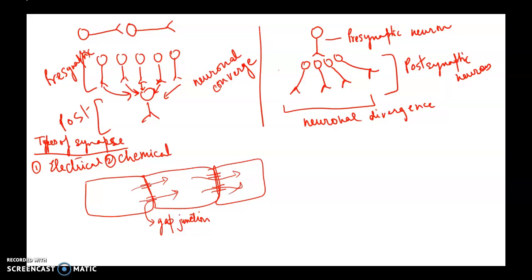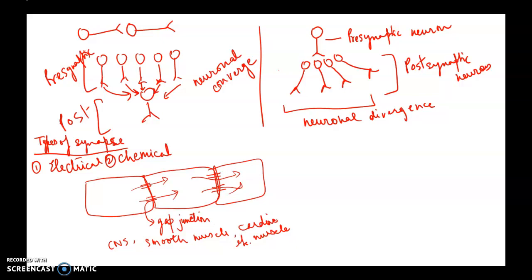In which parts of the body do we find electrical synapse? Well, we find some in the central nervous system, but mostly electrical synapses are found in smooth muscles, cardiac muscles, etc. Okay, so we find it in the CNS, but mostly in the smooth muscles and cardiac muscles.